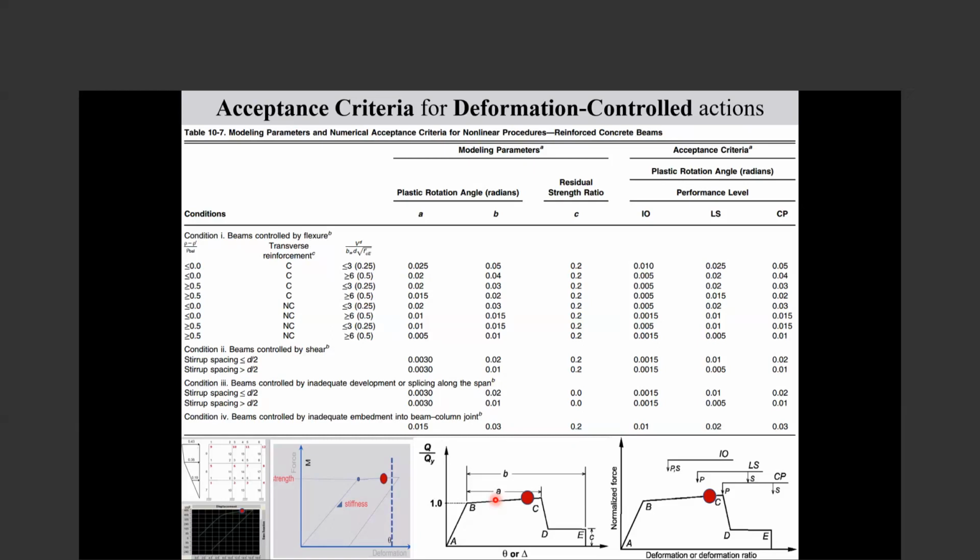But some codes say that they let nonlinear analysis be used just for the optimization of design. In a way, they say that at the end you should check with the linear methods. Still, they are not completely comfortable with nonlinear analysis.